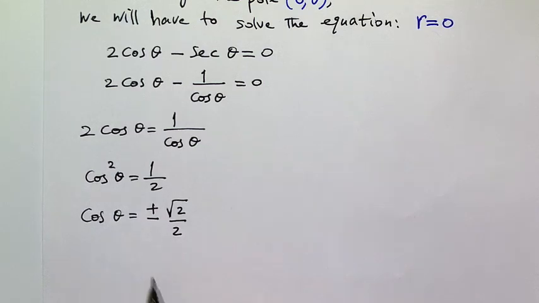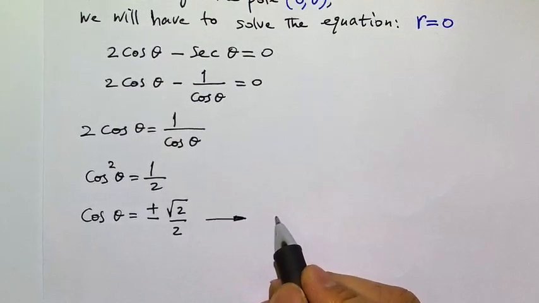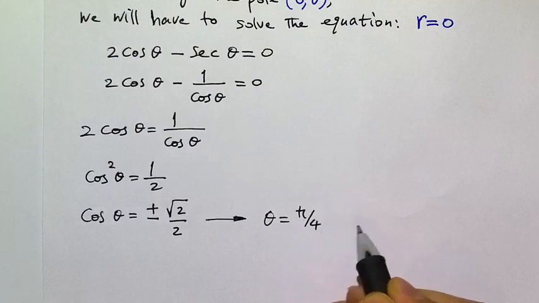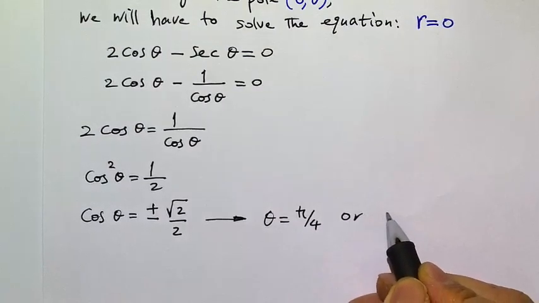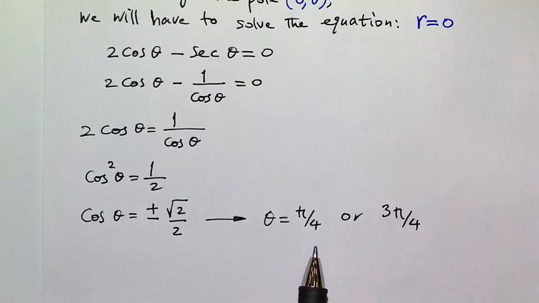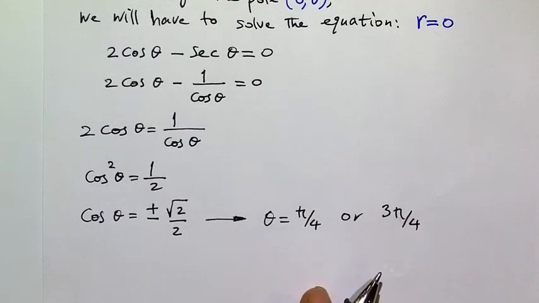Okay, so let me write that here. So theta has to be either equal to pi over 4 or 3 pi over 4. And so for that interval that we have, 0 to pi. Okay.